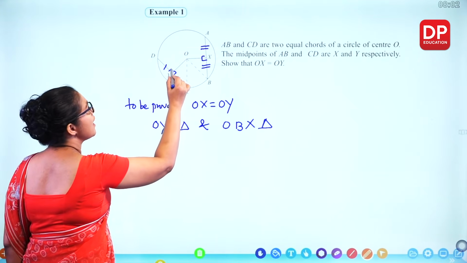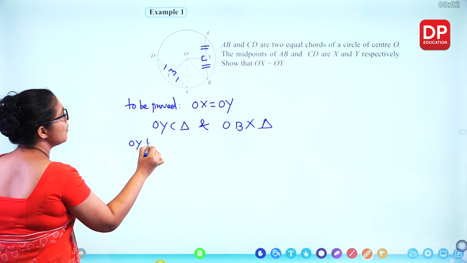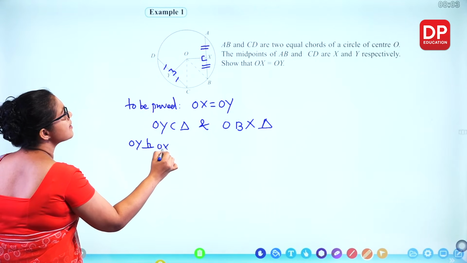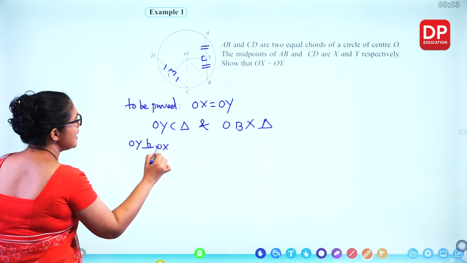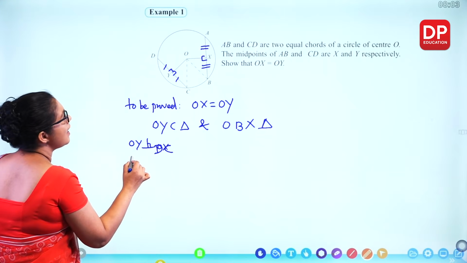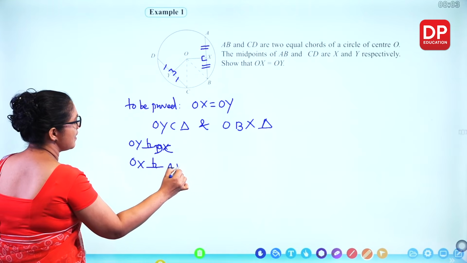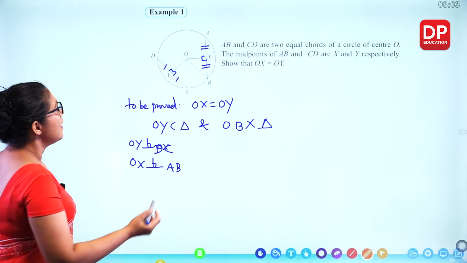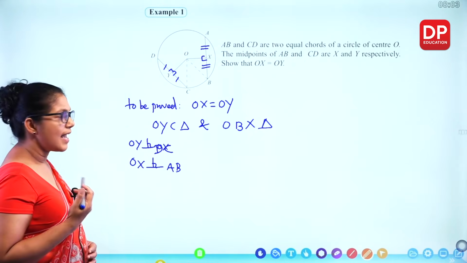So straight away you can write OY is perpendicular to DC and OX perpendicular to AB.